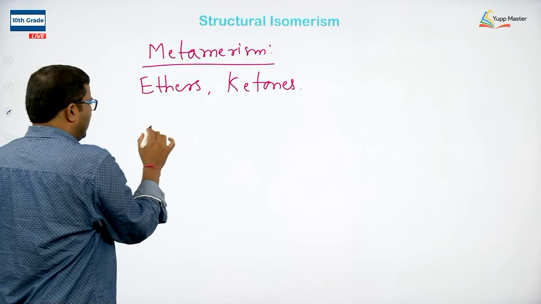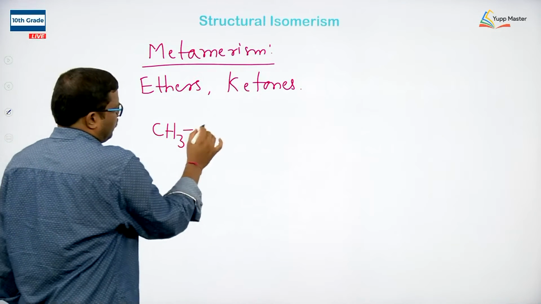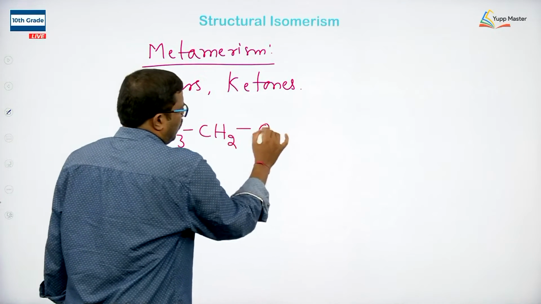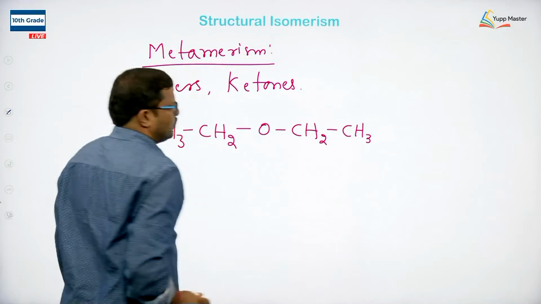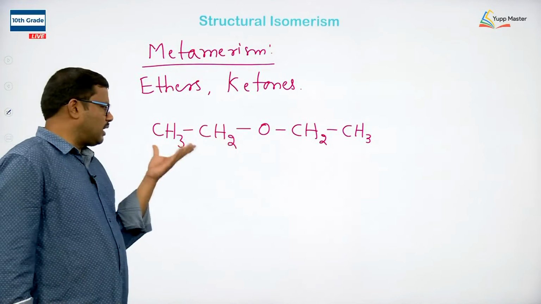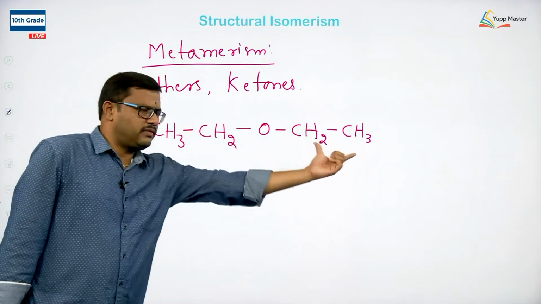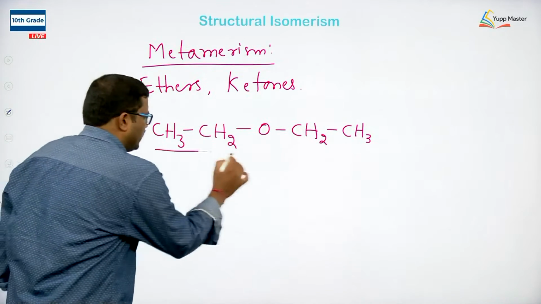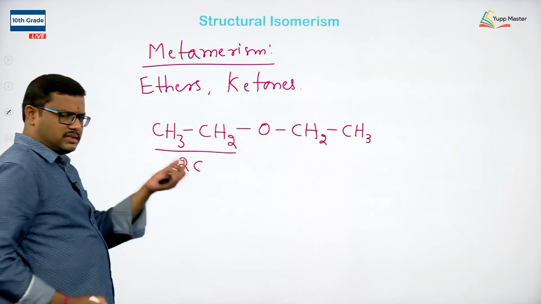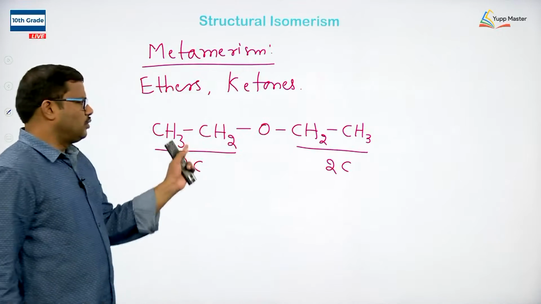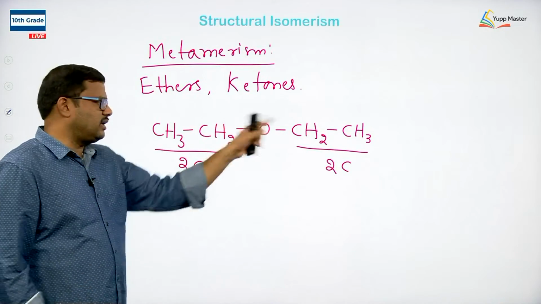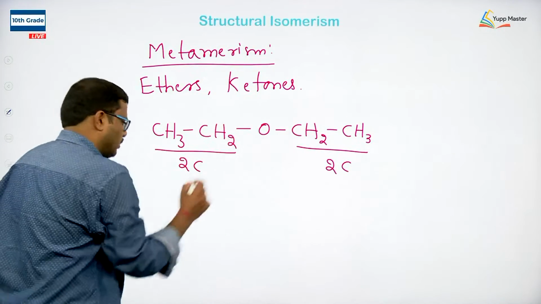If I take the ether CH3CH2OCH2CH3, this is a bifunctional group which has 2 alkyl groups. This side we have 1 alkyl group and that side we have 1 alkyl group. We have 2 carbon atoms on this side and 2 carbon atoms on that side, okay.